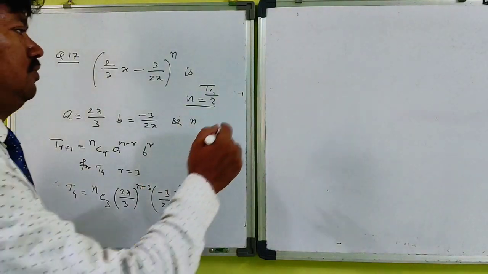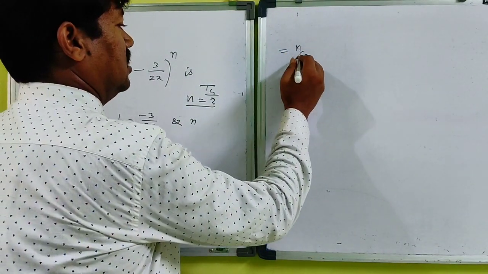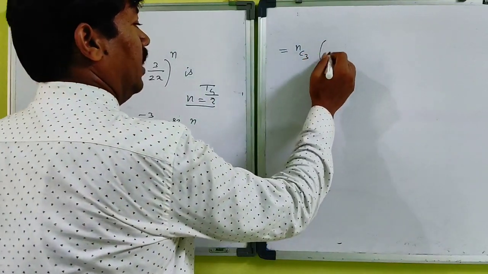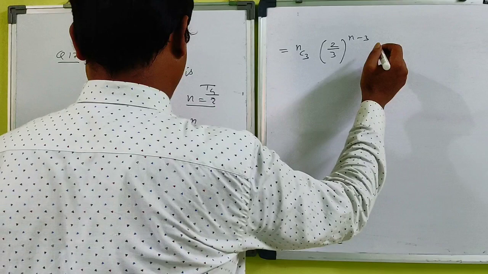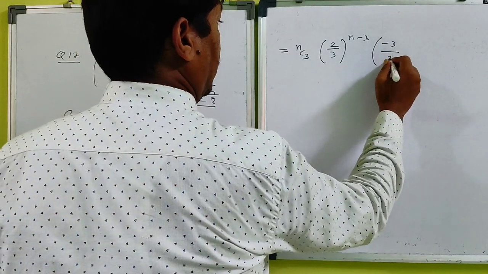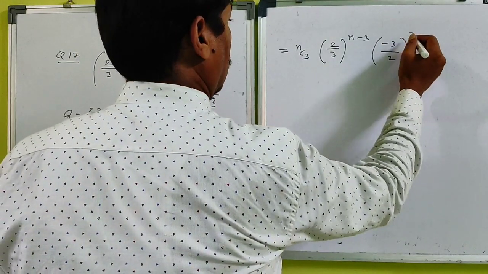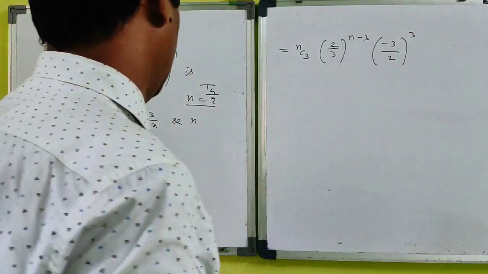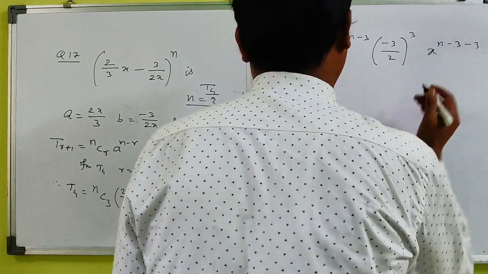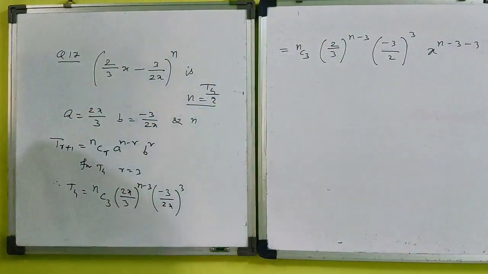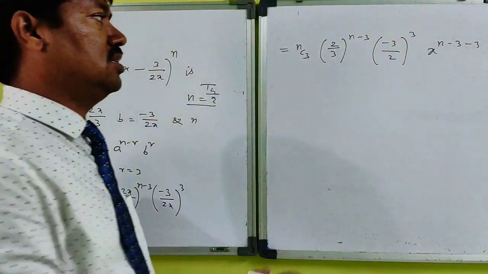The power of x, we just make a constant, so it is nC3, 2 by 3 raised to n minus 3, minus 3 by 2 raised to 3, x raised to n minus 3, and this again x cube will go down. So this is there.